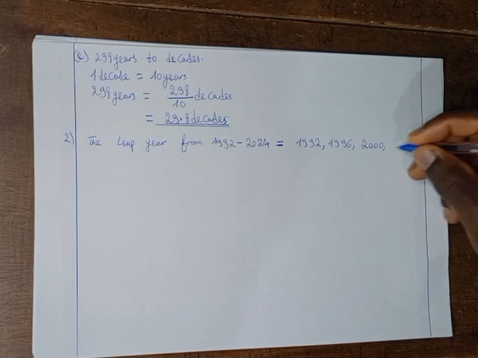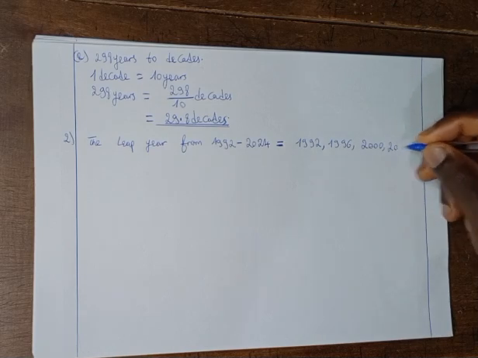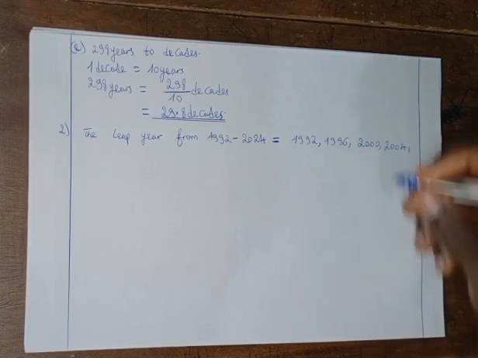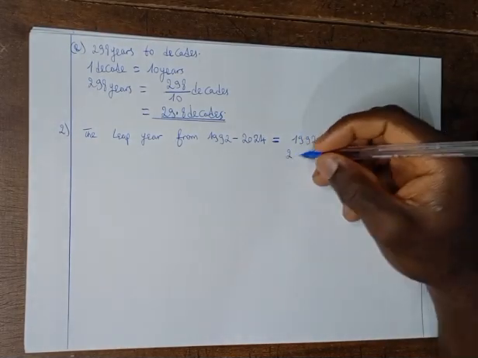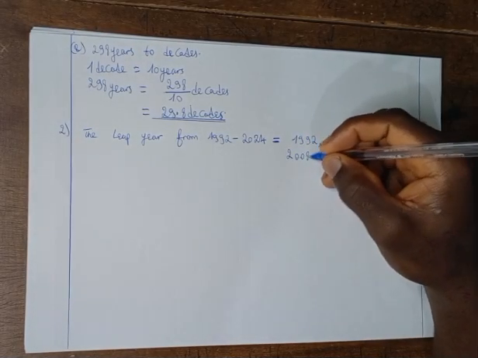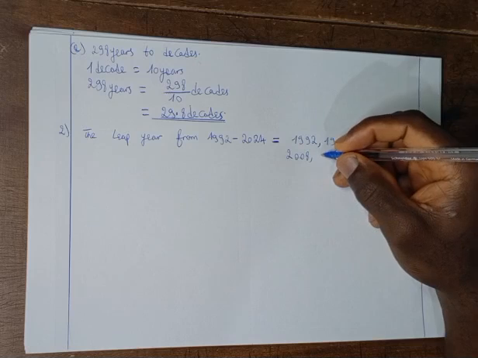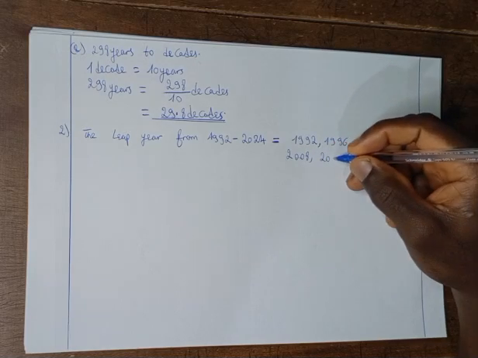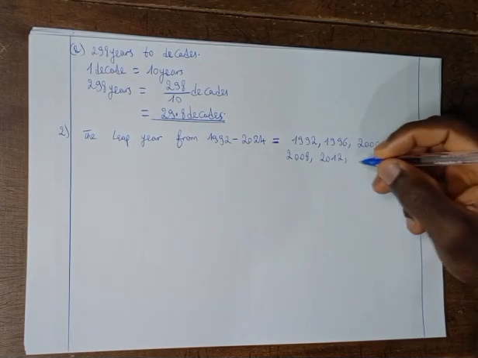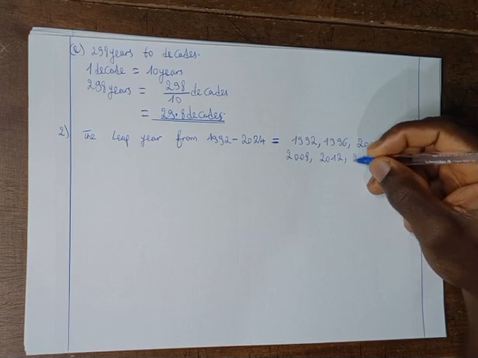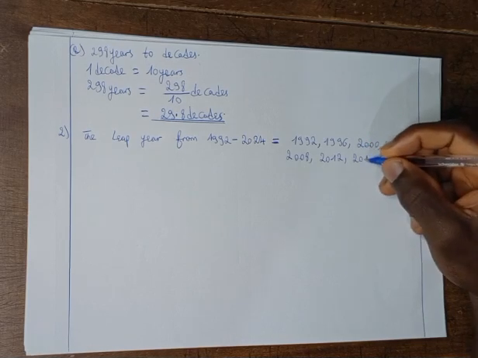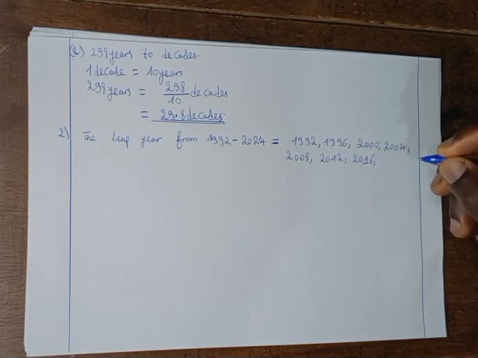The next one we add 4. 2000 plus 4 gives us 2004. The next we add 4, it gives us 2008. Next we add 4, it gives us 2012. Next we add 4, it gives us 2016.